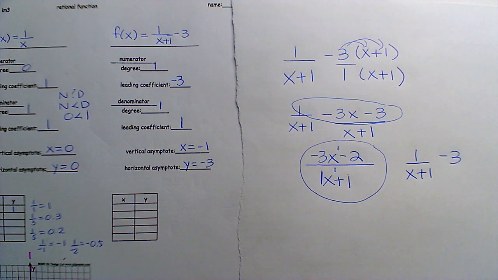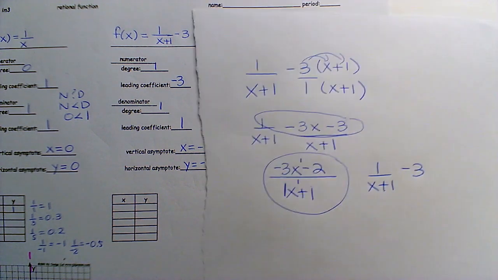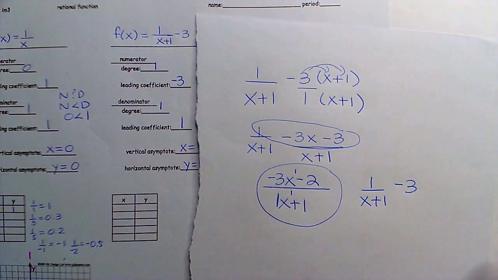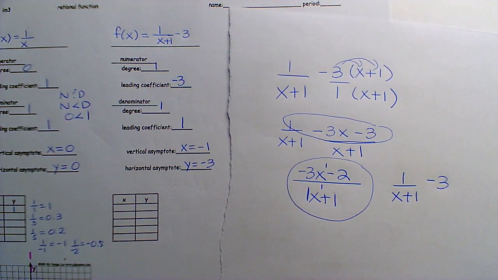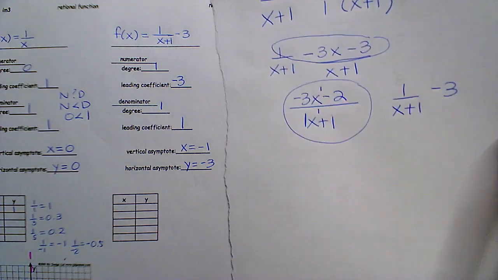So if you're given a rational function written in multiple terms, that's not acceptable, you have to write it as one fraction, and then you do the comparison of the degree and the leading coefficient in order to find your horizontal asymptote.